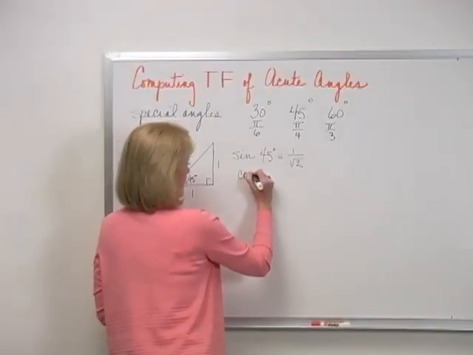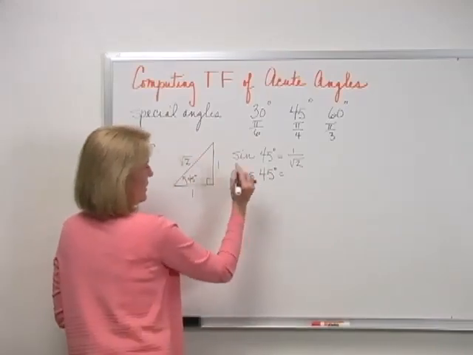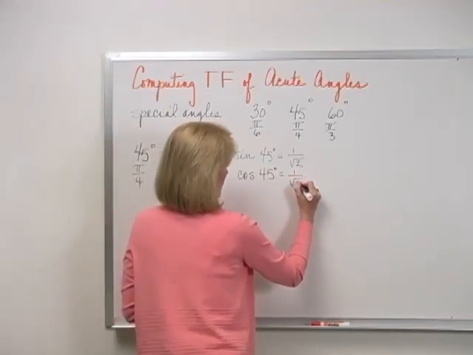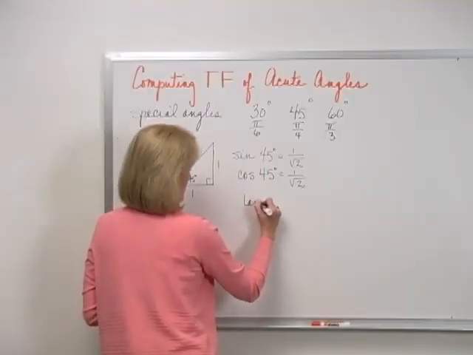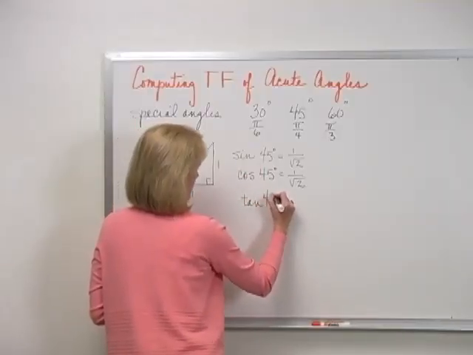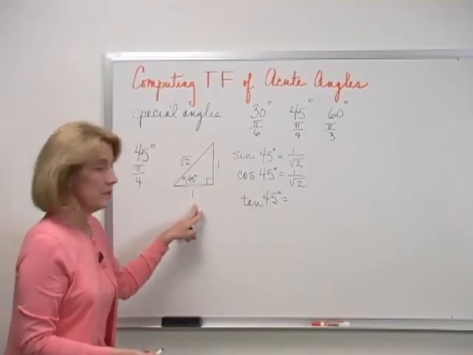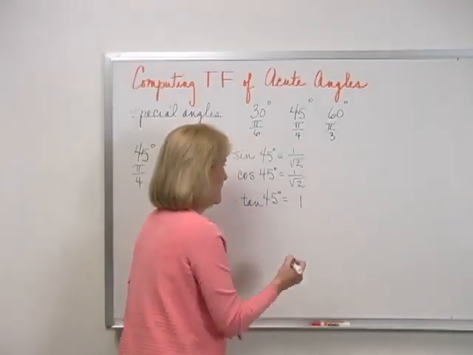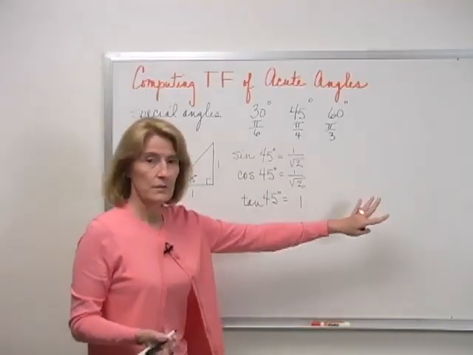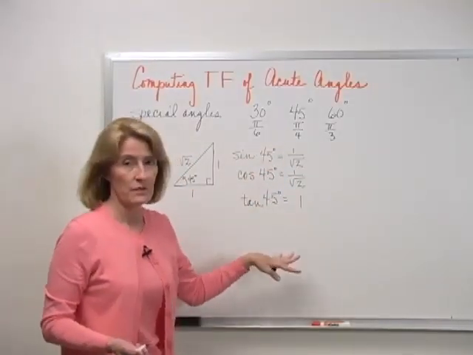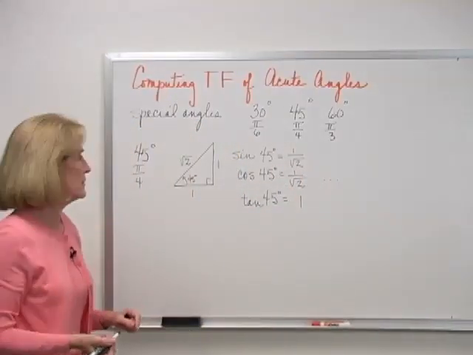The cosine of 45 degrees is adjacent over hypotenuse. And the tangent of 45 degrees is 1 over 1, which is 1. All right, these are the first 3 trig functions. You can get the next 3 by taking the reciprocal of each one of these. So we will just leave that to be done when we need it.